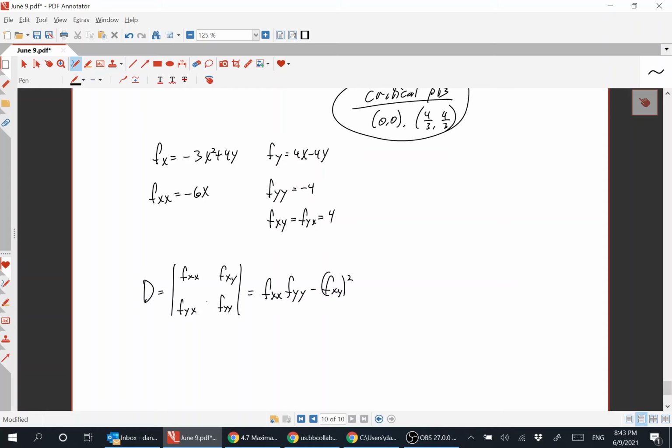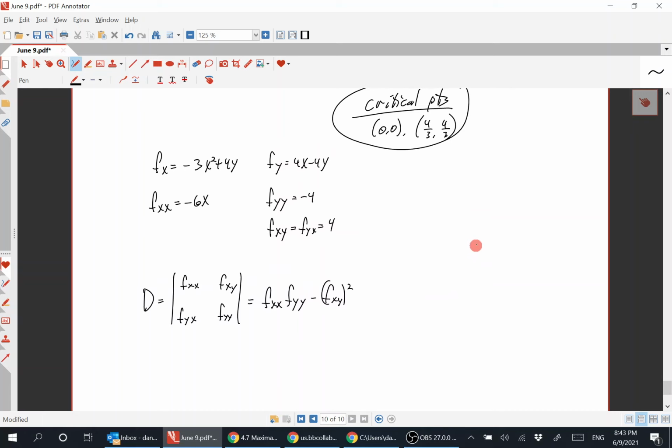So we need to plug in the values. At (x, y) equal to (0, 0), well, what is this going to be? fxx is 0, fyy is negative 4, and then fxy is 4.